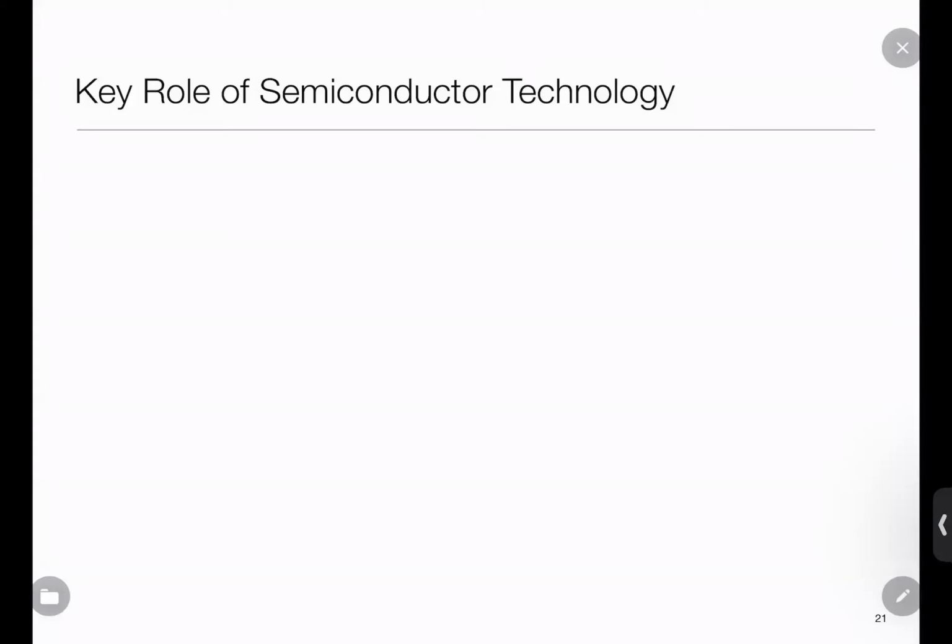Now, historically, a huge role in where we are has been played by semiconductor technology. Digital systems have existed for ages, centuries. The very first digital systems were basically made using mechanical gears. Then came gears combined with motors and relays.